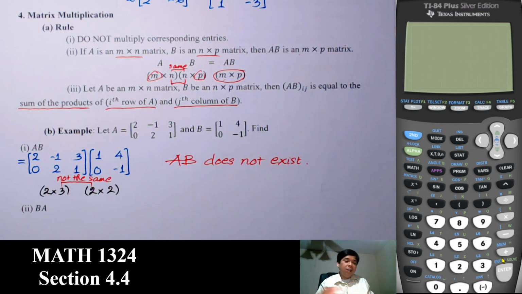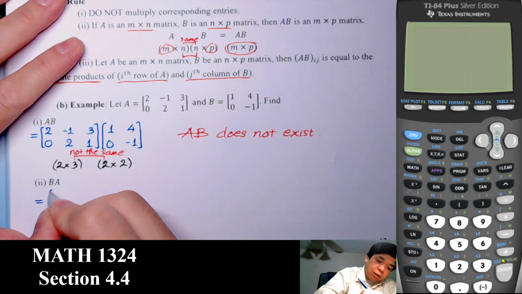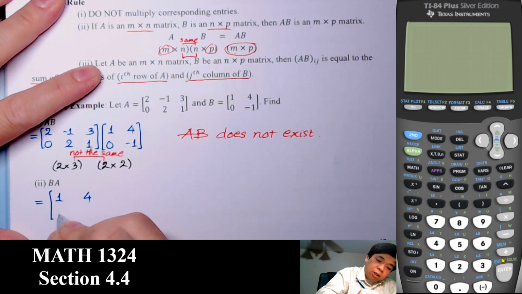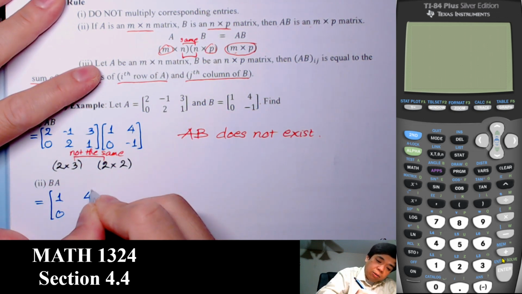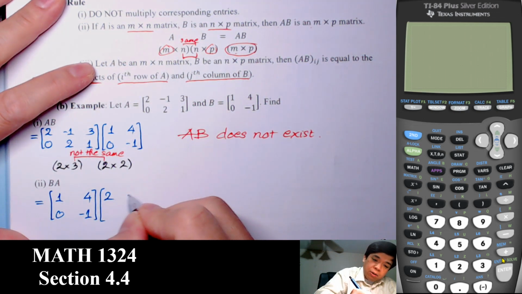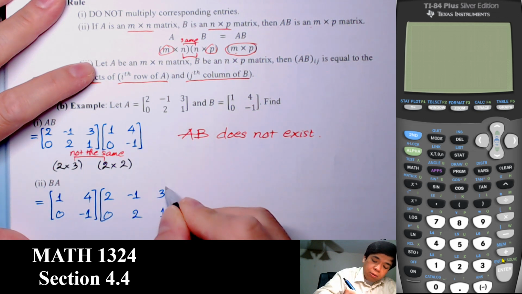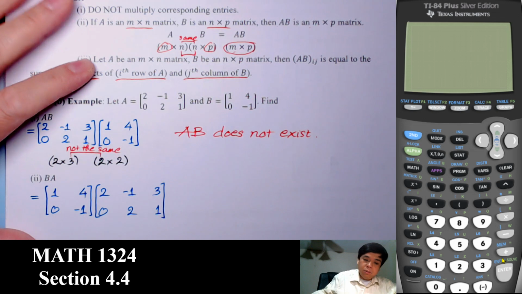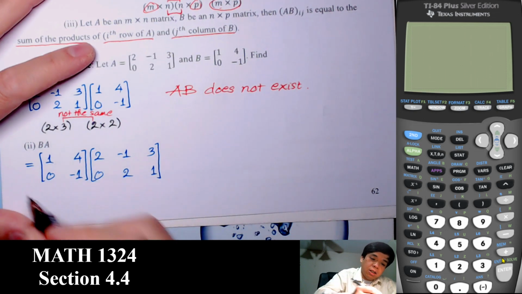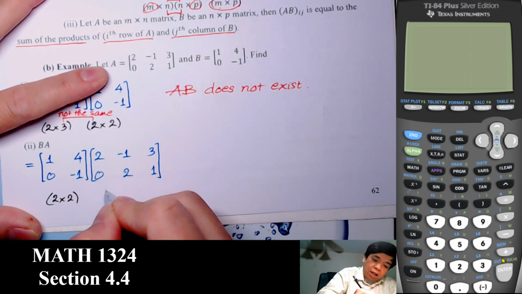Right. Now let's check the other way around, B times A. B is 1, 4, 0, negative 1, now times this matrix. So now let's check the dimension. First, this one is a 2 by 2 and this is a 2 by 3.